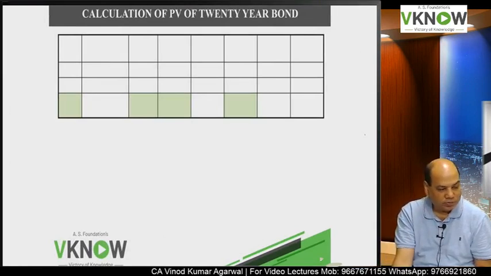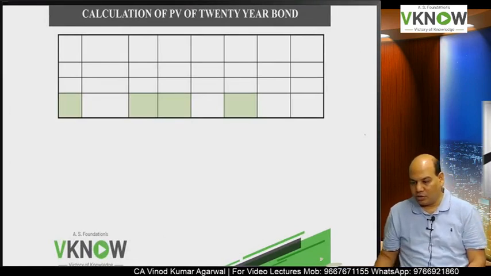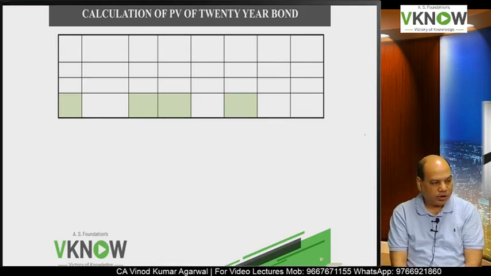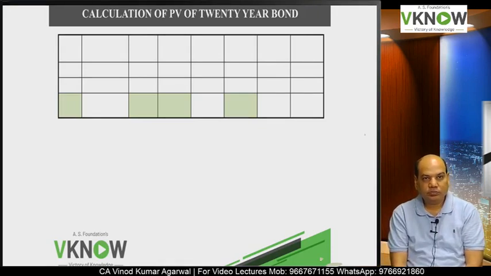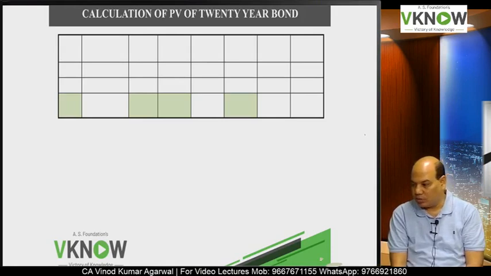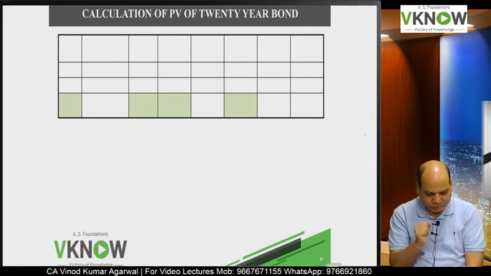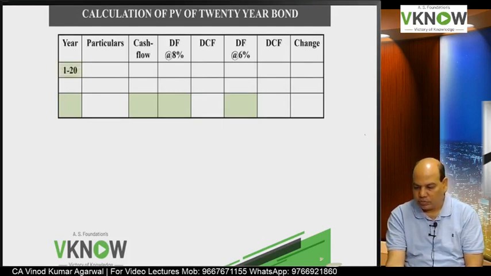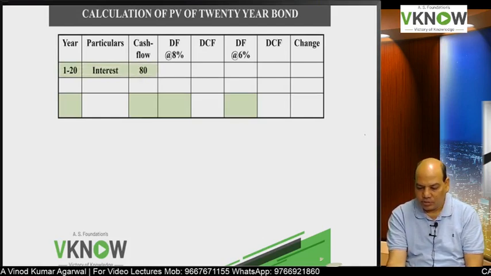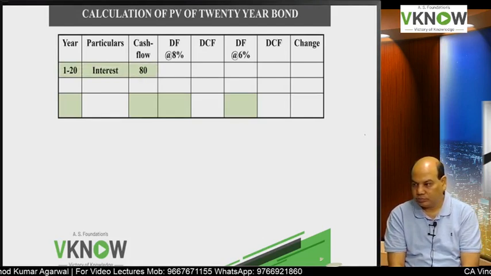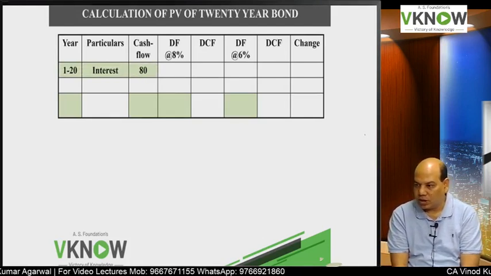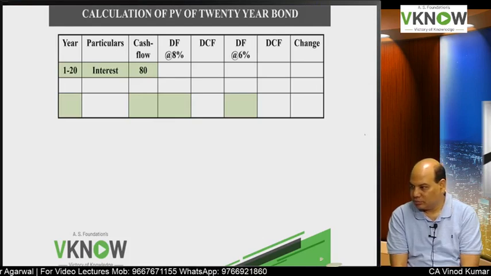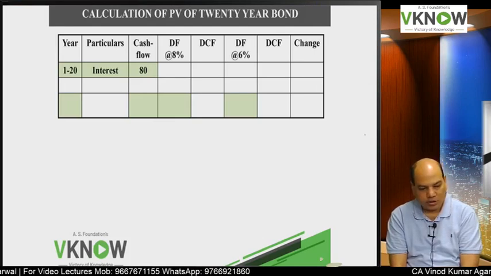Next line write down calculation of PV of 20-year bond. Draw exactly the same format, but this time the number of years is 20.